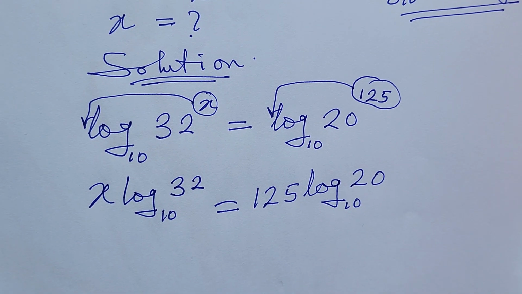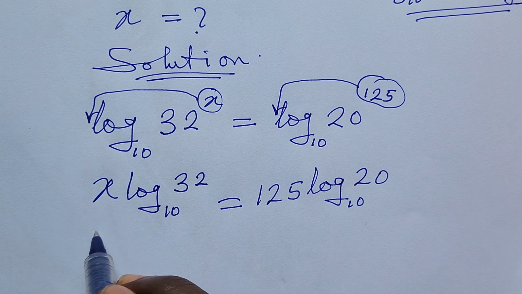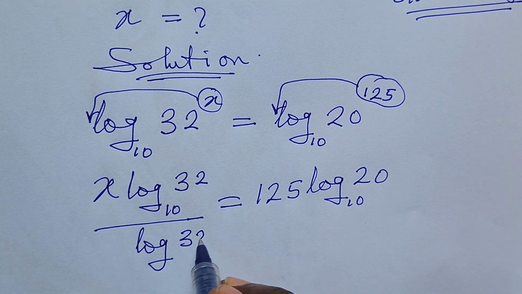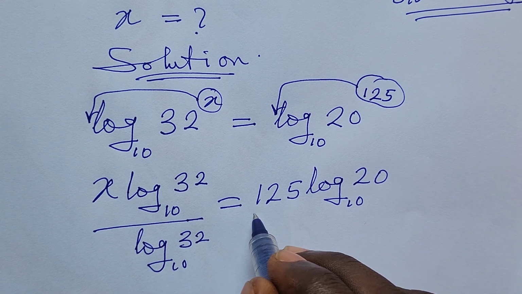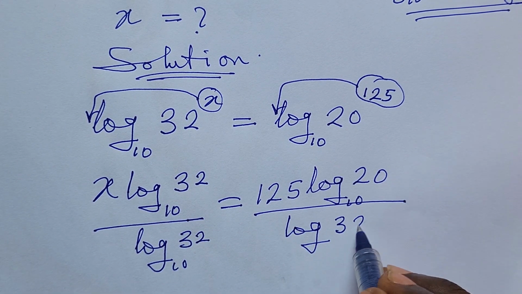This is easy, right? Good. We're looking for x. So for us to make x the subject of the formula, we divide by this quantity here, which is log 32 base 10. And whatever we do to the left, we must do to the right hand side.